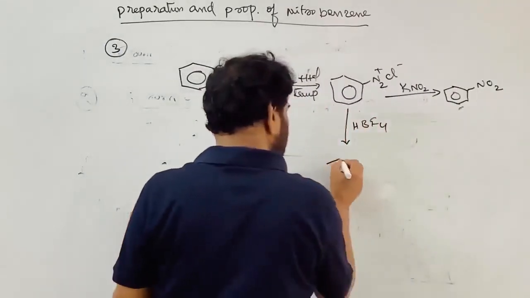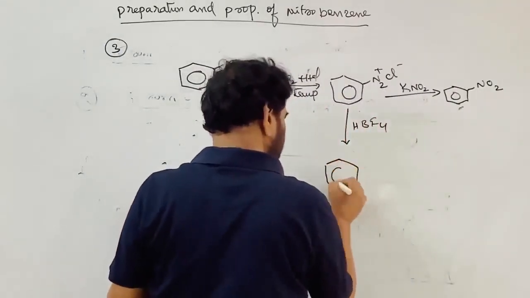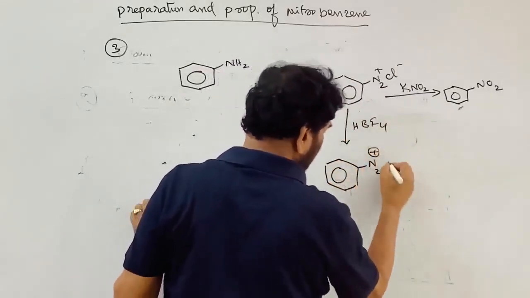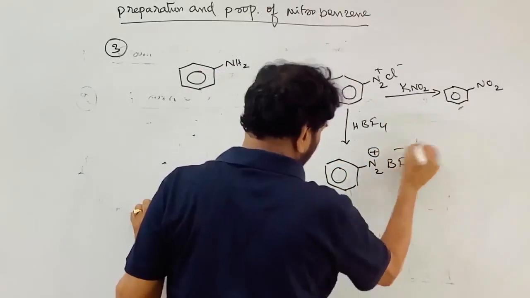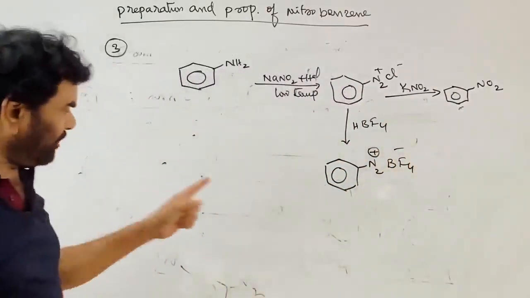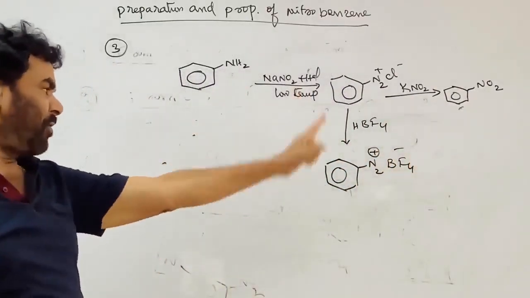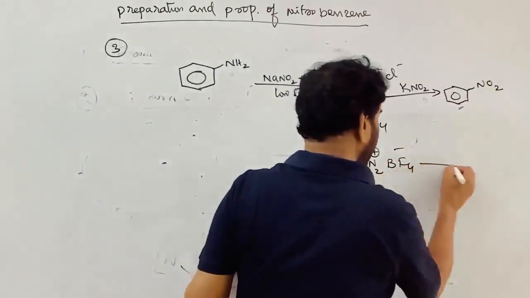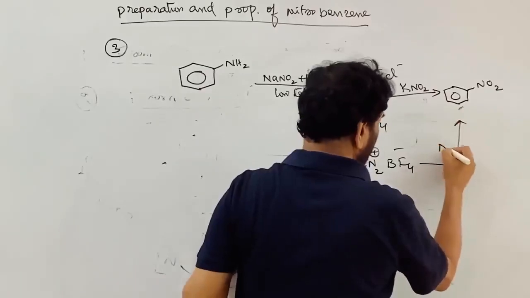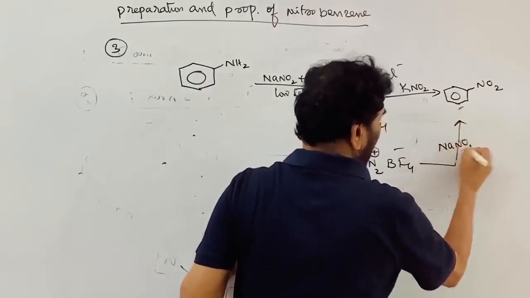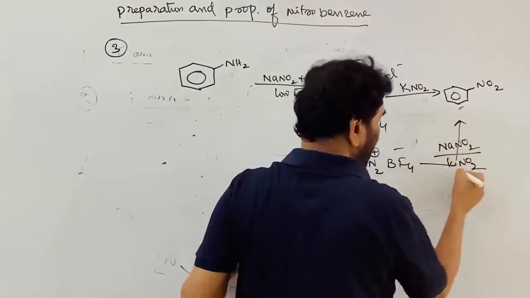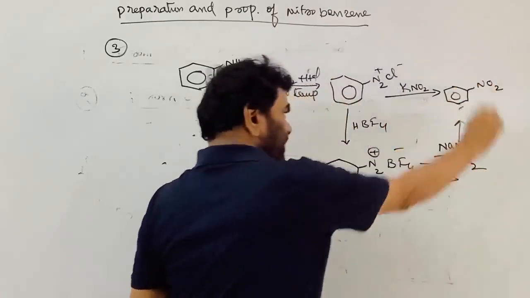Now a salt is formed: the diazonium ion is the cation and BF4 minus is the anion, benzene diazonium fluoroborate. On heating with sodium nitrite or potassium nitrite, an SN reaction, this is converted to nitrobenzene.